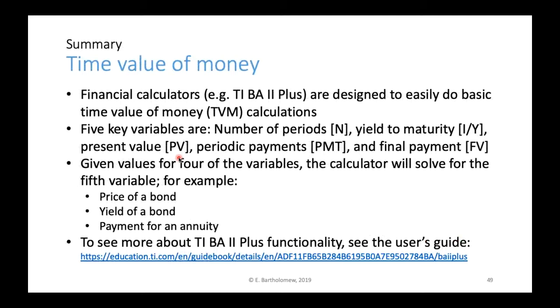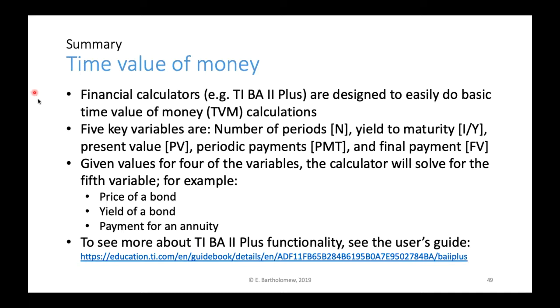Okay, so let's summarize here. The financial calculators, for example, the TI BA II Plus, are designed to easily do these basic time value of money calculations. The 5 key variables are the number of periods, N, the yield to maturity, the present value, the periodic payments, and the final payment, and they have specific keys on the calculator.